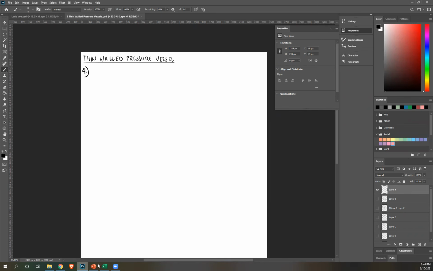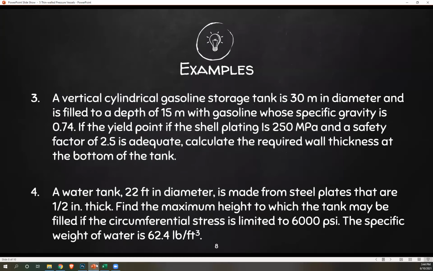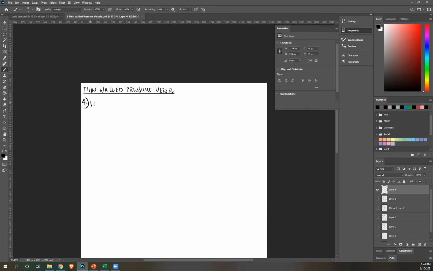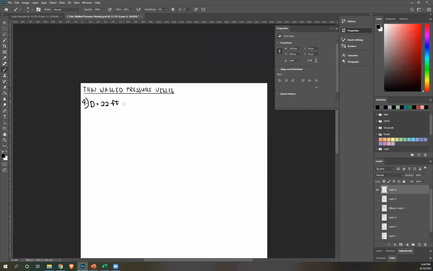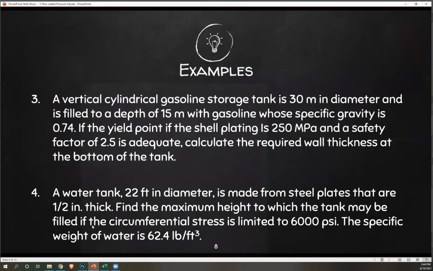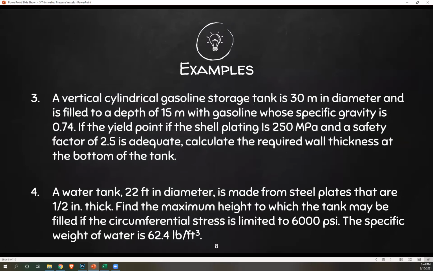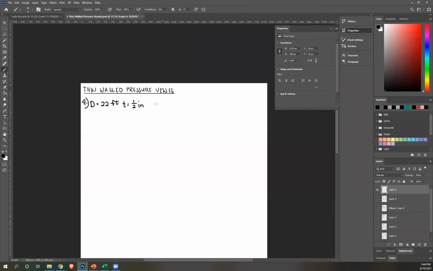First, 22 feet in diameter. So D is 22 feet. Steel plates, that's the thickness of your vessel, so half an inch. Circumferential stress is the same as tangential stress, 6,000 psi.